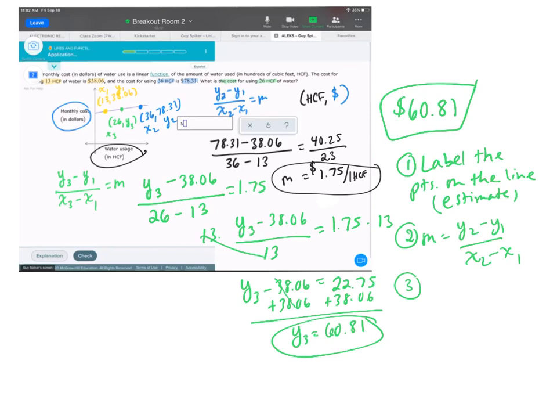And then lastly, you use your slope formula again to determine the missing value. You're going to use one known point and the point with the missing part.